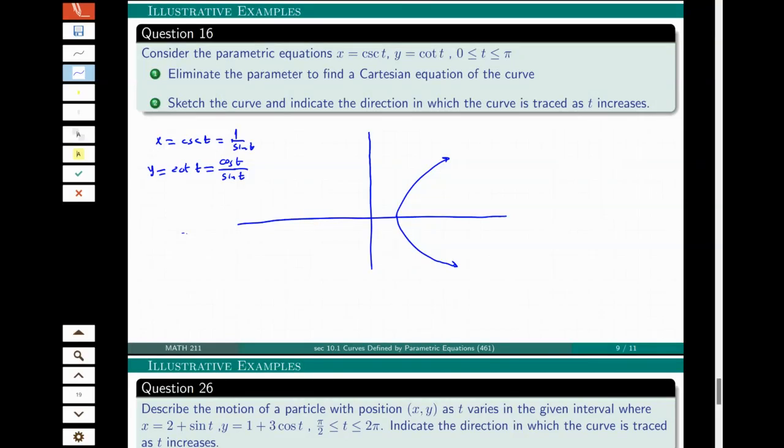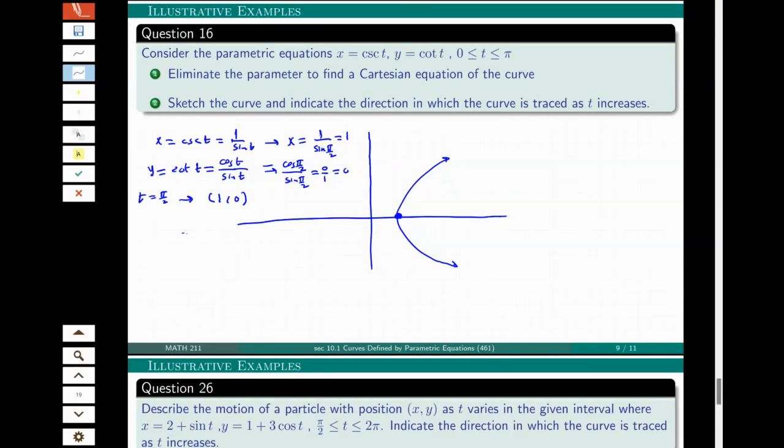If I select t equal to pi over 2, what will happen for x? It will be 1 over sine pi over 2. Sine pi over 2 is 1. And y will be cosine pi over 2, which is 0, over sine pi over 2, which is 1, so it will be 0 over 1, which is 0. So the point will be that point. When t is equal to pi over 2, I get x is 1, y is 0.